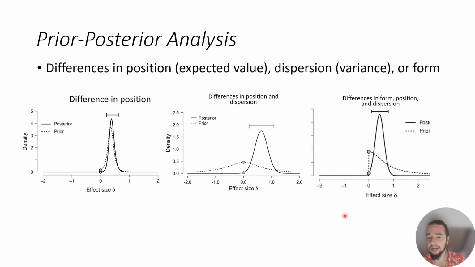But we can even encounter differences in form, position, and dispersion. For example, here we have a prior that only assumed positive values. Then the posterior has a different form, a different position, and a different dispersion. This is meaningful. For example, the data has been very impactful because we have a modest prior with only positive values, and then the data likelihood has been very certain because the dispersion is way smaller and everything is more narrow.